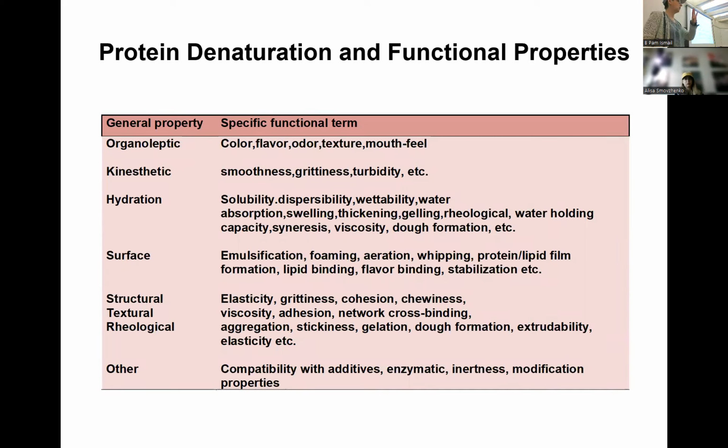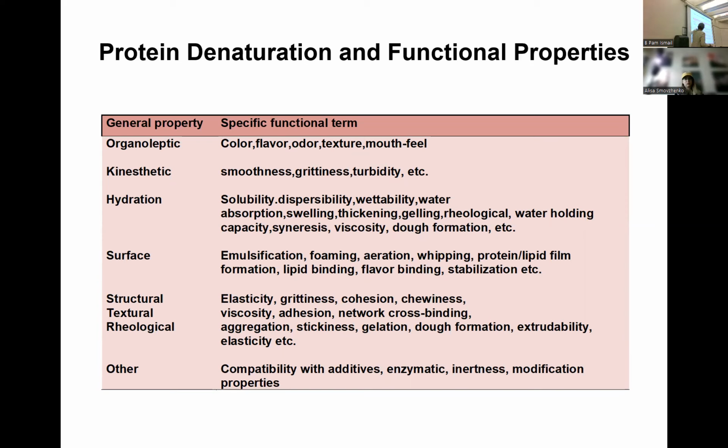FYI, you don't need to study this, but you want to know what we mean by hydration properties, surface properties, structural properties. I don't so much cover organoleptic or kinesthetic here. But we're going to talk a lot about hydration, where you have water protein interaction.